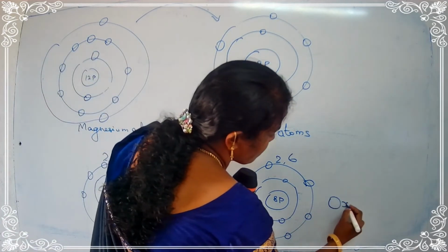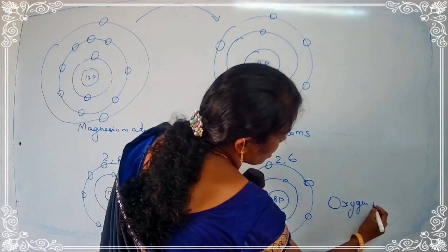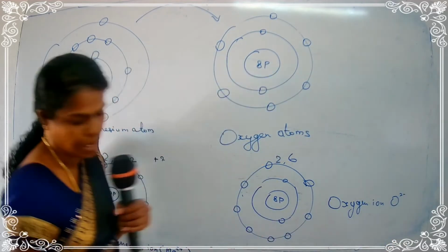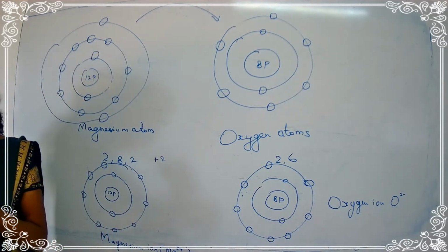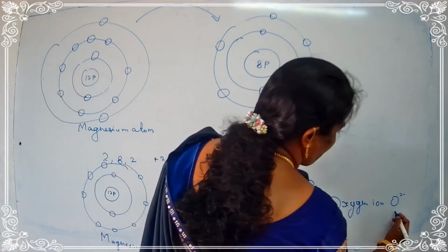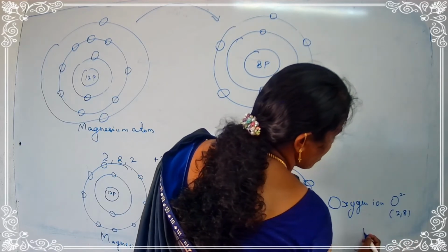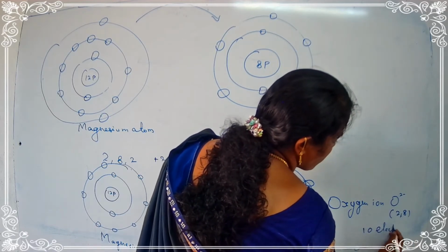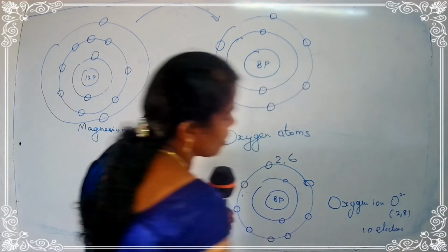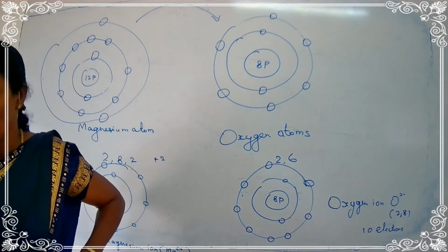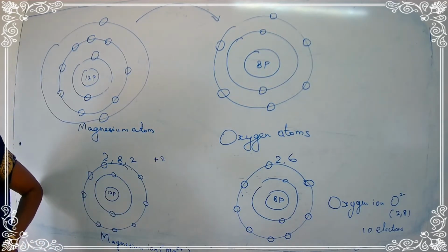Oxygen 2 minus. This electronic configuration is 2, 8. So totally 2 plus 8. How many electrons are here? 10 electrons are here. Did you understand, children? Got it? Did you learn some new things? Did you learn or not?